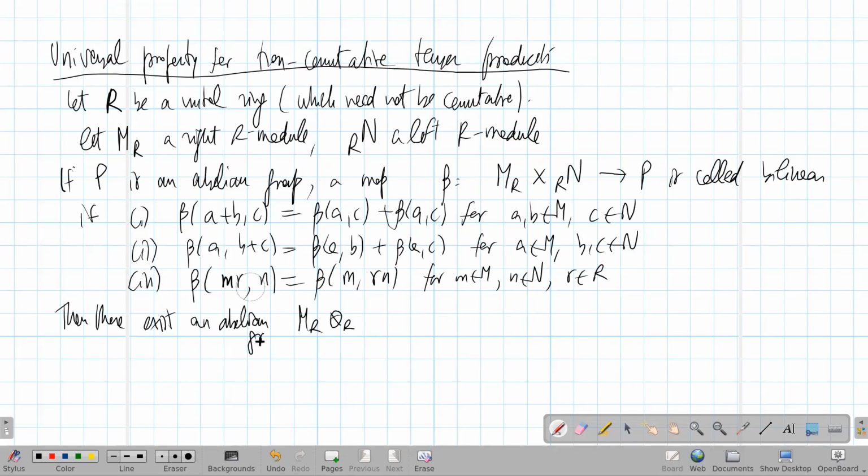And the bilinear map, which is called iota, from the Cartesian product to this, with the property.